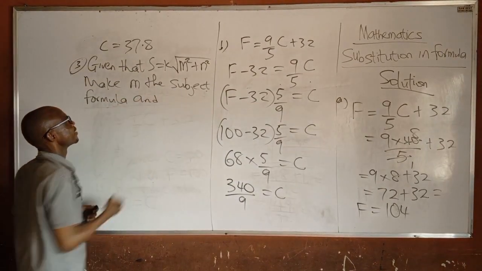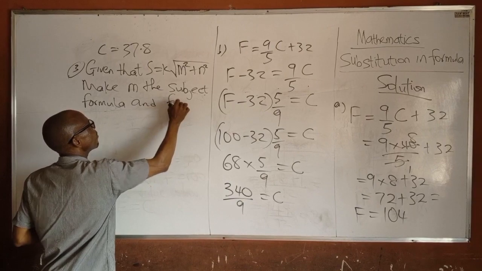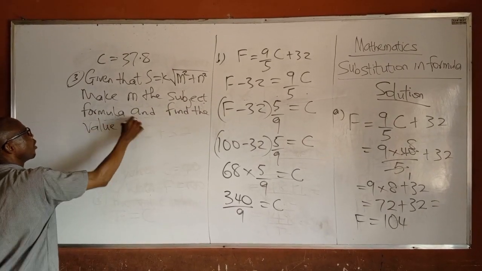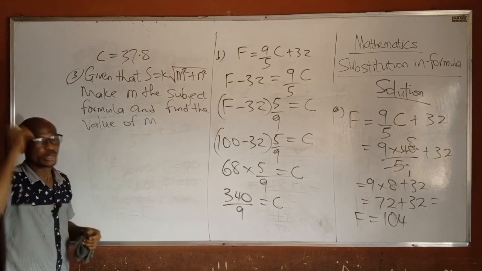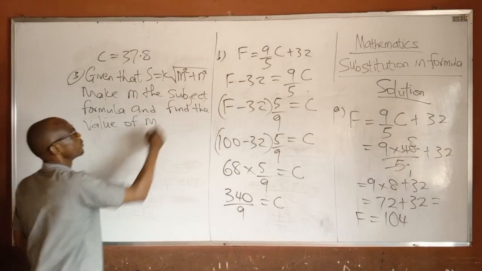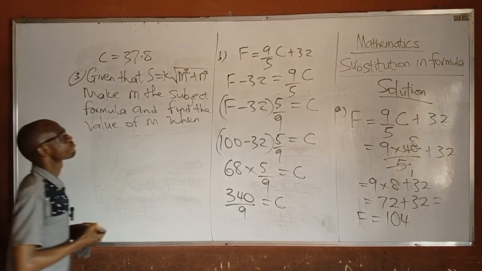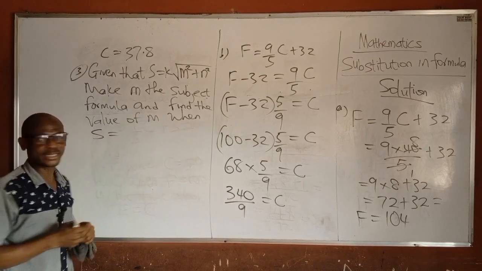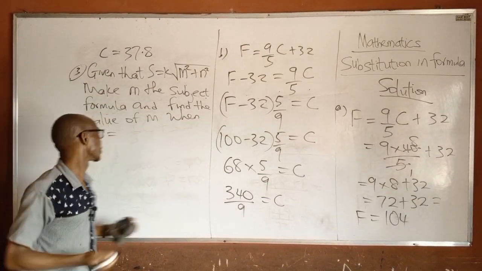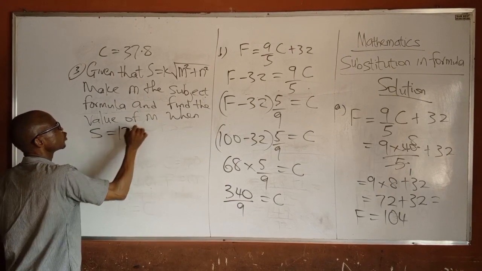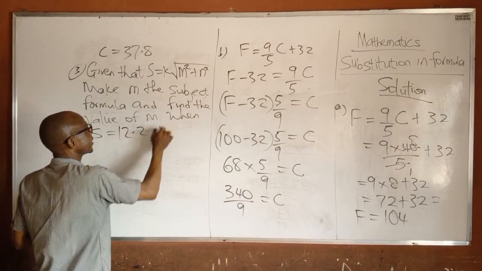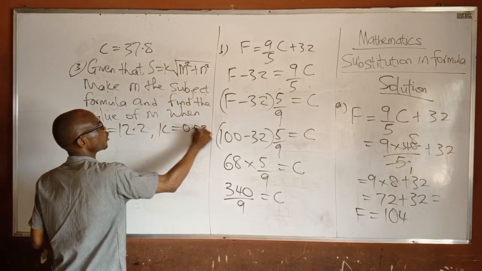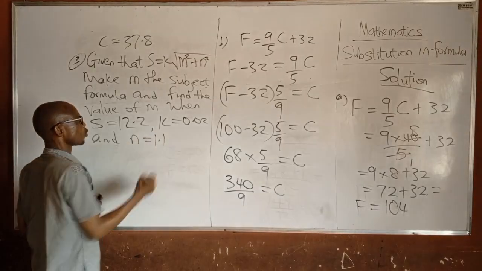And find the value of m. If we are to find the value of m, let's say when x, we are given x, for instance, to be equal to 12.2, k equal to 0.02 and n equal to 1.1.